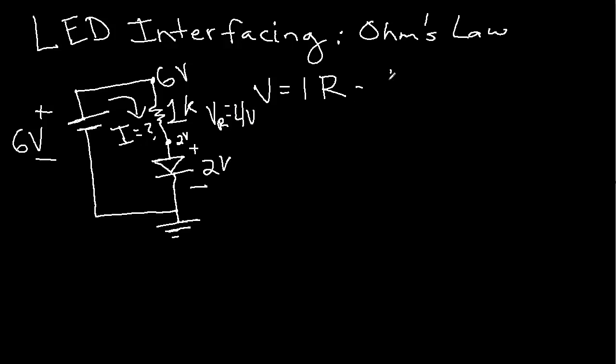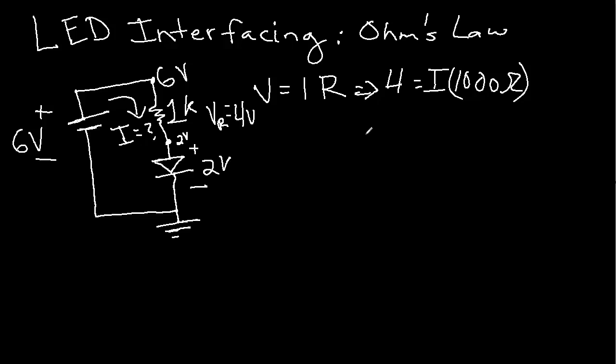So that's equal to 4 equals, and then the current is the unknown, and also note that the current through the whole circuit is the same according to another law, and the resistance is of course 1000 ohms.